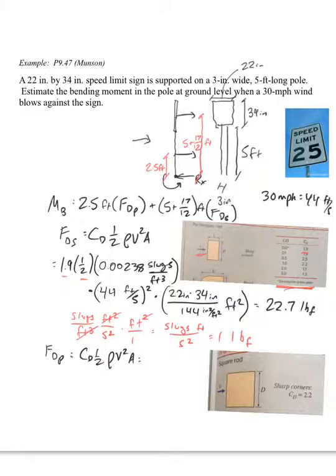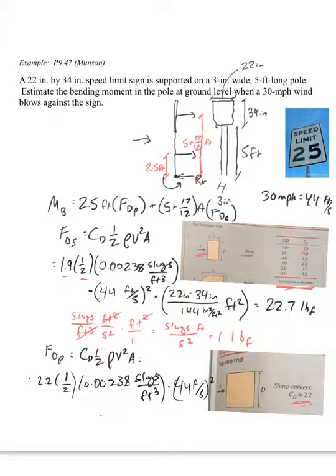And so my CD is 2.2. So I get this is equal to 2.2 times 1/2 times 0.00238 slugs per foot cubed times 44 feet per second squared.